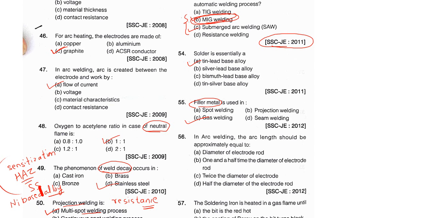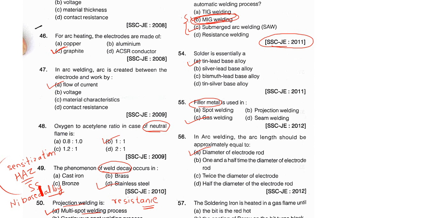Next, in arc welding, arc length should be approximately equal to the diameter of the electrode rod, 1.5 times the diameter, twice the diameter, or half the diameter. The correct answer is the diameter of the electrode rod.